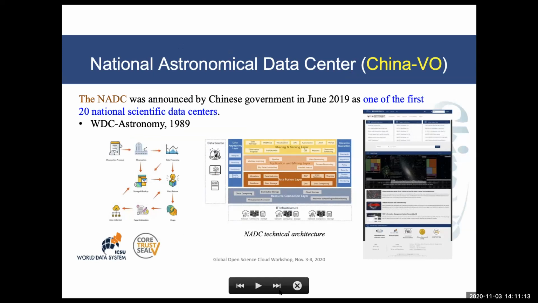Our science platform provided a whole life cycle system for the users, from the telescope proposal submission to telescope operation, data archiving, data processing, data publish, and the scientific data publication services. So it is a whole life cycle platform for our scientific users.